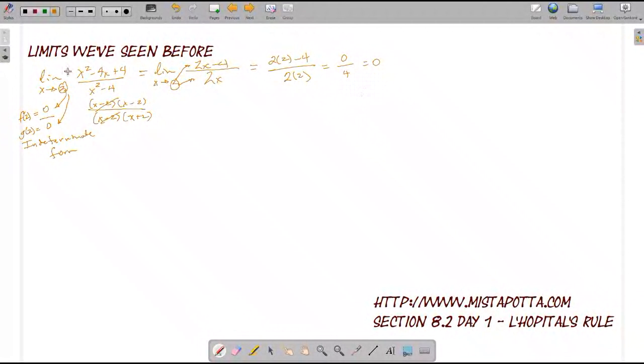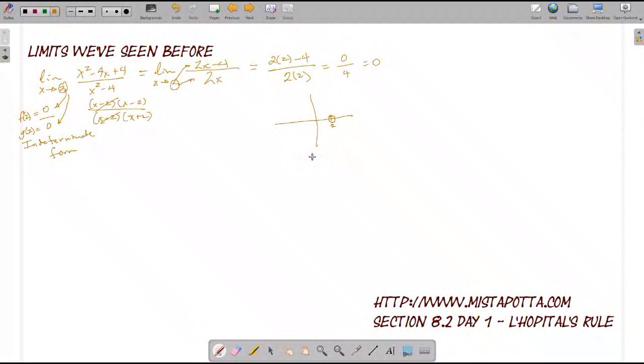Which means this function, as I'm approaching the value of x equals 2, at the point where x equals 2, I'm actually going to have a hole in my function at 0.